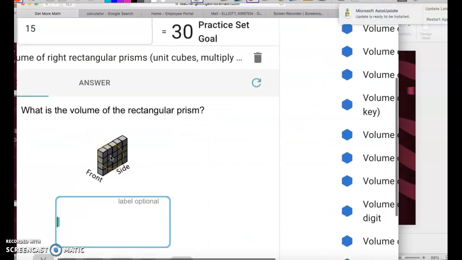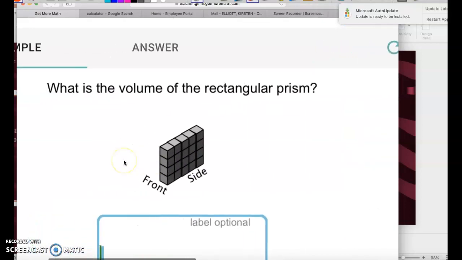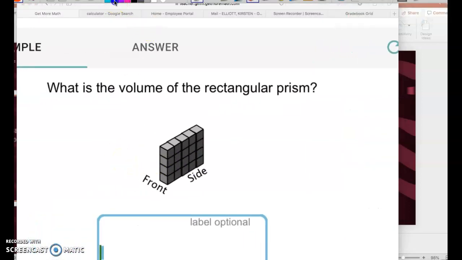Let's take a look at this, for example. Here they don't give me the values, I have to find them. I can see that my length is 1, my width is 1, 2, 3, 4, 5, and my height is 1, 2, 3, 4.